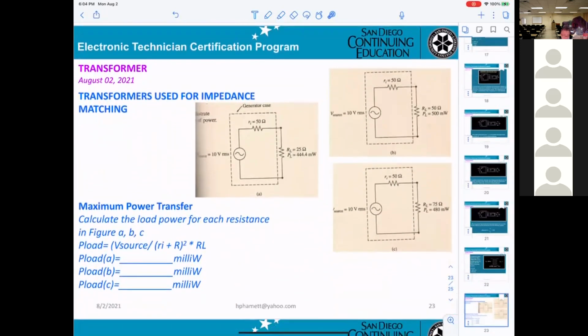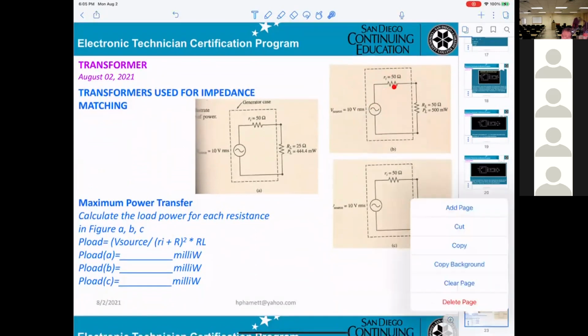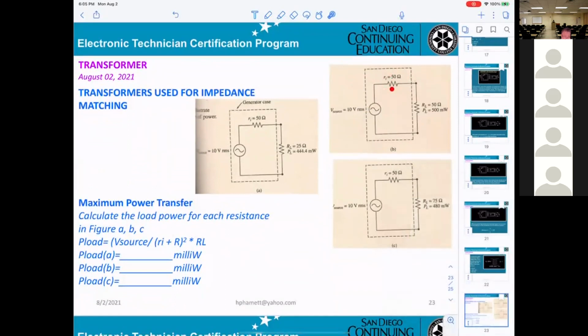Now, this is the last part here: transformer, L for impedance matching. Now I get three circuits, A, B, and C. This is a generator, with generator output resistance 50 ohm, and they connect the load 50 ohm, connect the load 25 ohm, and connect the load 75 ohm.